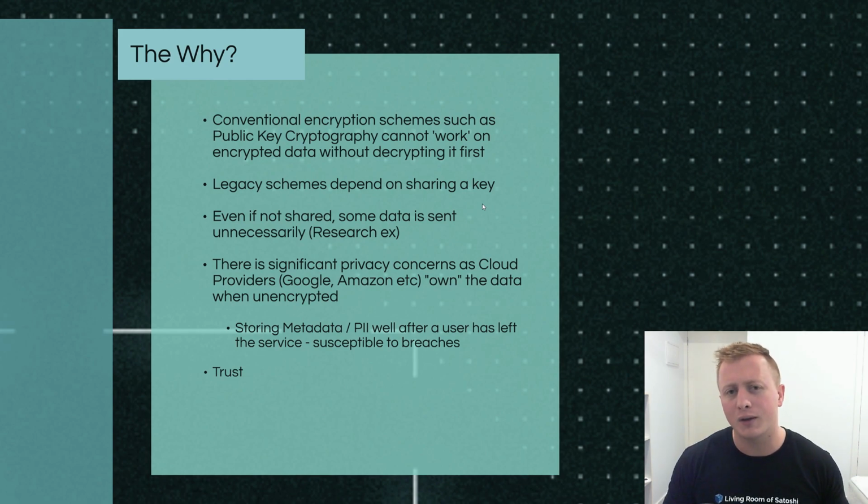There's also significant privacy concerns as cloud providers such as Google or Amazon own the data when it's unencrypted. This is massive in the blockchain space and in cryptocurrencies, where if you don't own your keys, you don't own your crypto. If you leave it on an exchange, the exchange in this case being a cloud provider like Google or Amazon, you don't have control of it anymore. And what that could actually mean is that well after you've left the service, they're still storing metadata or personally identifiable information about you.